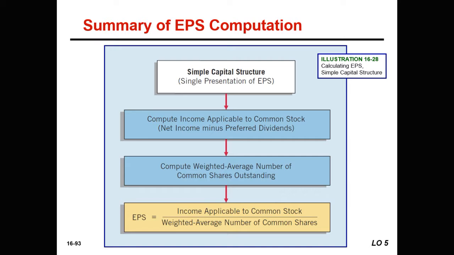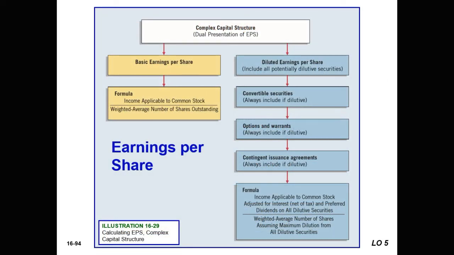Unfortunately, it's not what is usually in place because of options, warrants, and other potential things such as convertible bonds or preferred stock. The complex capital structure comes into play. With the complex capital structure, we begin by calculating our basic earnings per share, and then taking into account the effect of the various dilutive securities.